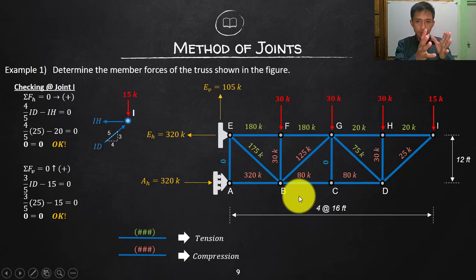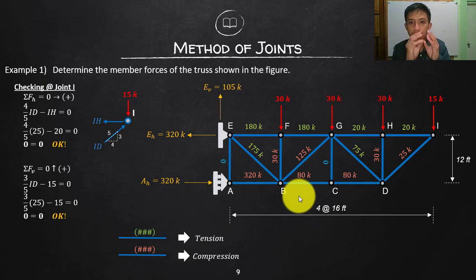The general procedure is that you have the loading, solve the reaction. Once you have this reaction and loading, distribute that within the members. That is what we call the member forces, or member stresses if you will be solving the stress. So for method of joints, all you need to do is isolate the joint.